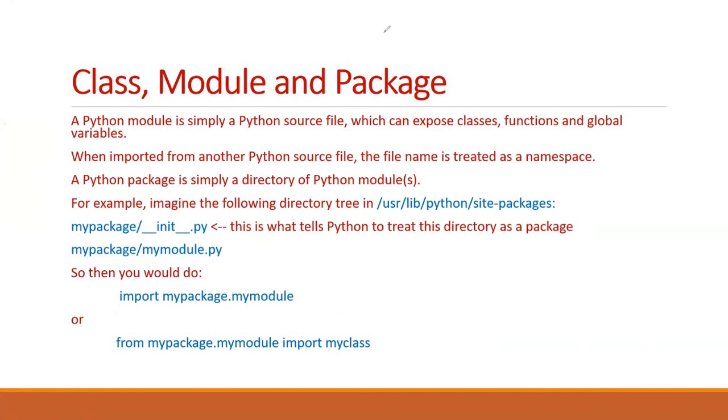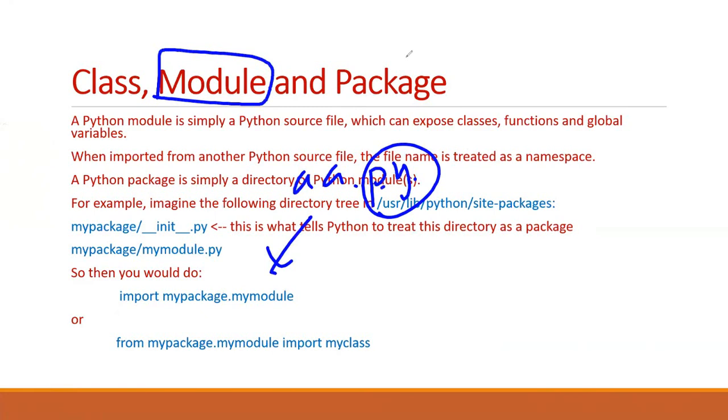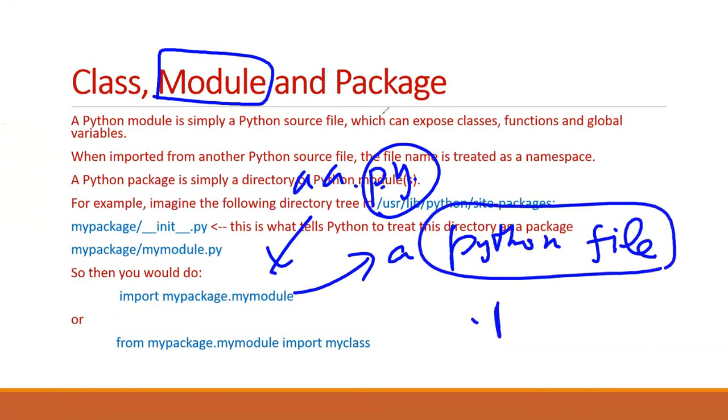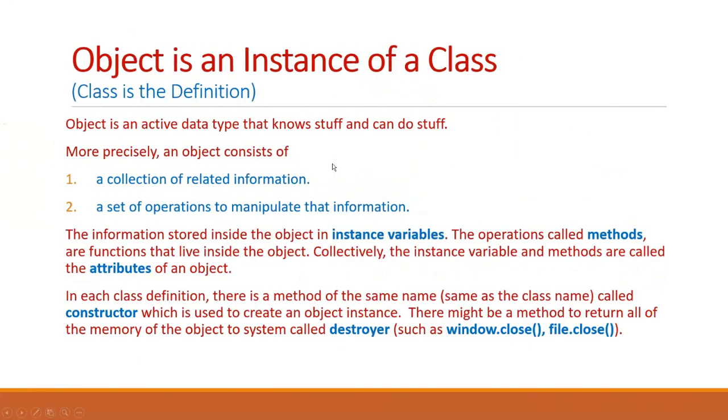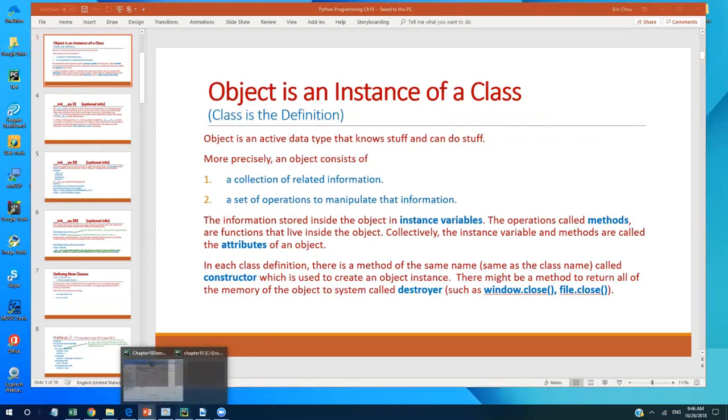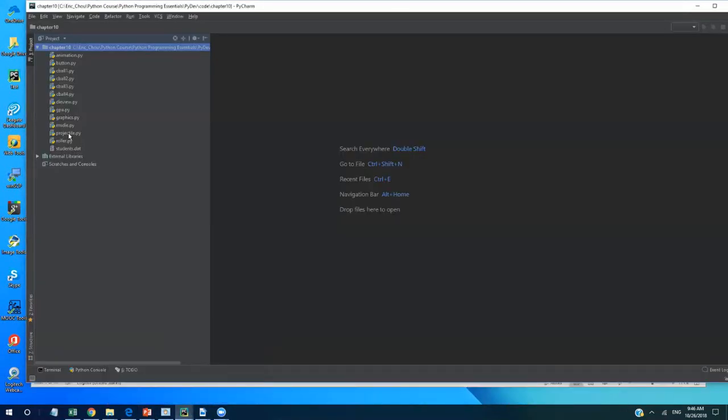A module is an individual file, so whatever .py file you wrote is considered to be a module. Something.py is a module, and a class is inside a module. In a file you can put several classes, and a directory is called a package, which is bigger than a module.